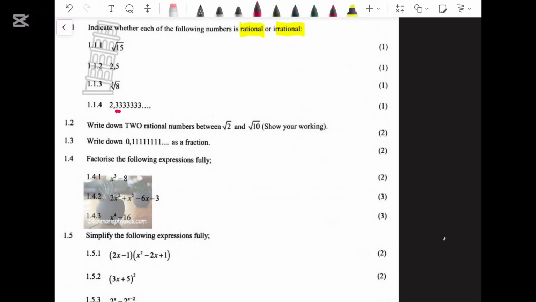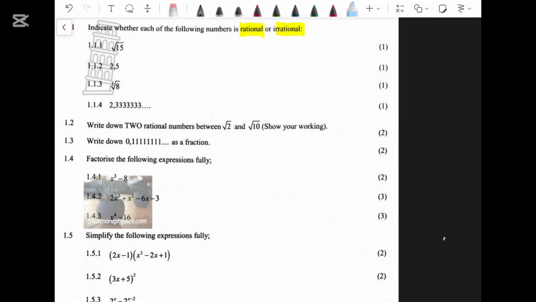The decimal is recurring here, so it is also rational. So number 4, 2.3333, is rational. The only irrational number here is the square root of 15, because 15 is not a perfect square. The rest are rational. Let's move to the next question.